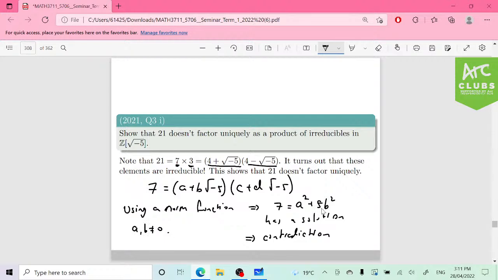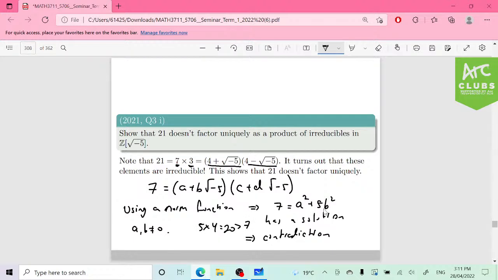If both of them are 0, then clearly you have 7 equals 0, which is a contradiction. The second thing is, if a is 0, then the smallest number you can obtain is 5, and the next one is going to be 5 times 4, which is 20, and that's already bigger than 7.